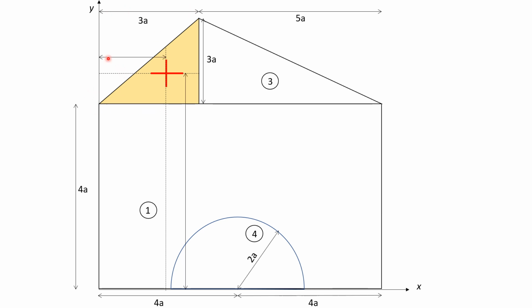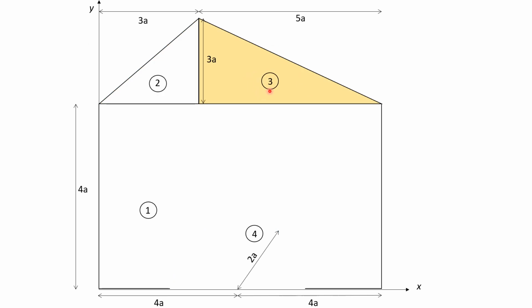So it is at a distance of 2/3 of this distance from the apex, and at a distance of this distance plus 1/3 of this distance. So x2 is equal to 2/3 of this distance 3a, so it is equal to 2a, and y2 is at a distance of this distance 4a plus 1/3 of this distance 3a, so it is 5a.